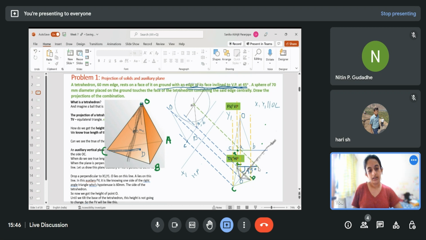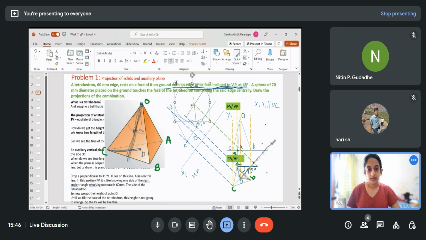That's why I have drawn this line, and wherever the projection of O touches this line, that will be the center of the circle. Now, since it is a sphere, wherever you view it, it will be the same circle with diameter 35.